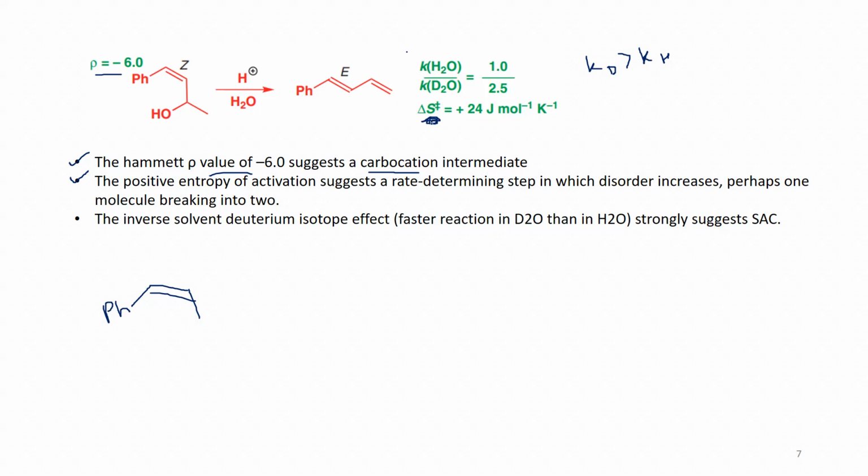The dagger sign is for the intermediate. So delta S dagger is positive, which means that in generating the intermediate the entropy will increase, that is, from a single molecule we will get a greater number of molecules.